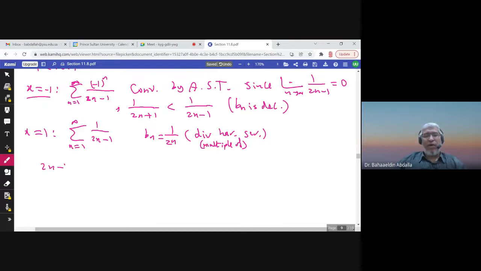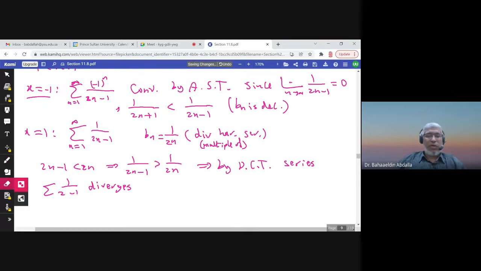Since I have 2n minus 1 is less than 2n, then 1 over 2n minus 1 is greater than 1 over 2n when you take the reciprocal. So by direct comparison test, series 1 over 2n minus 1 diverges.